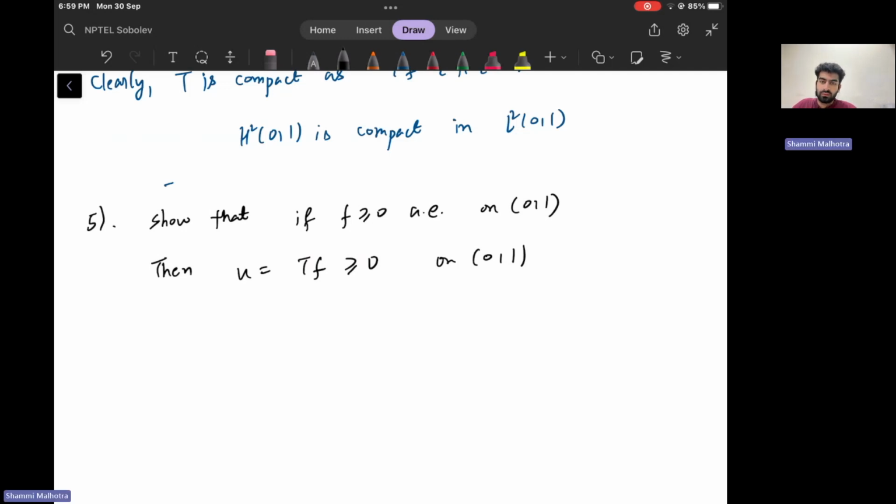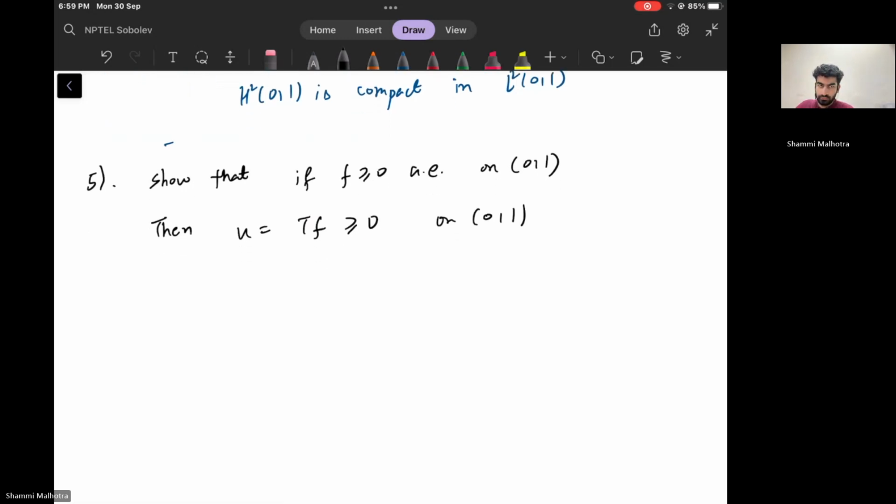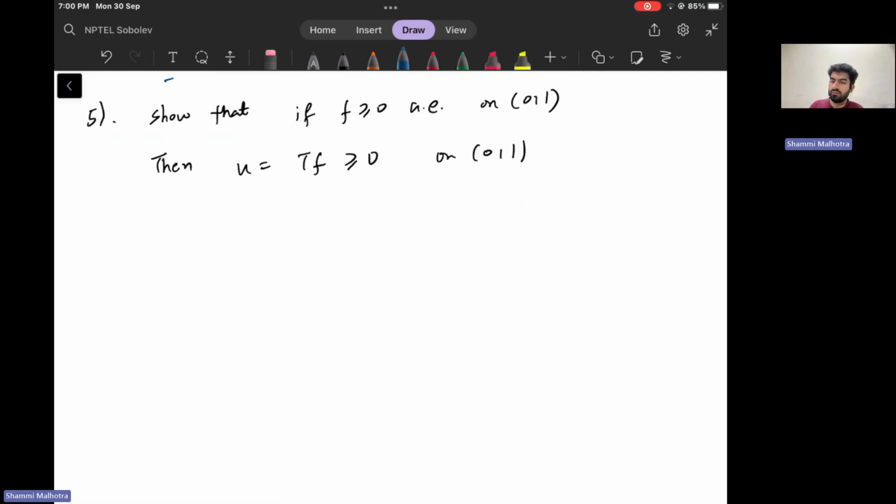So to prove this, we usually choose a special function, and once we have chosen this special function, we can plug it into the weak equation, and with the help of that, we will be able to prove this part.